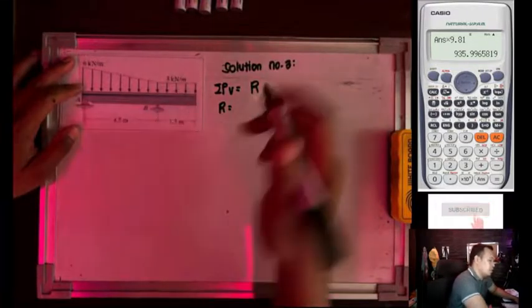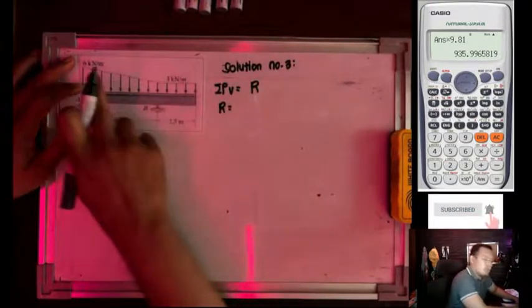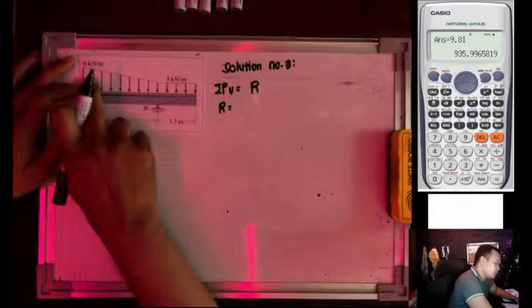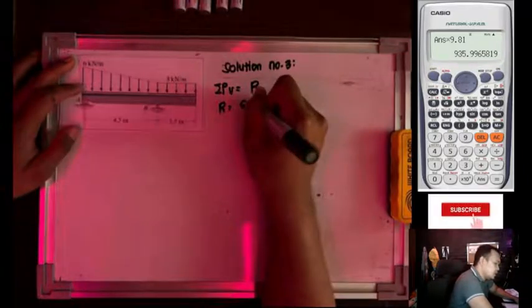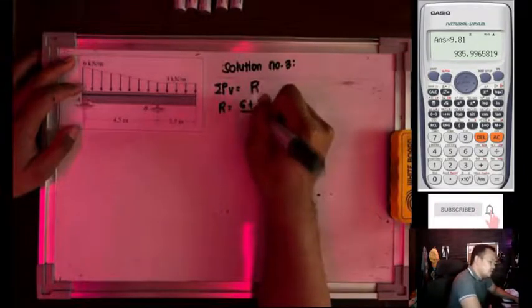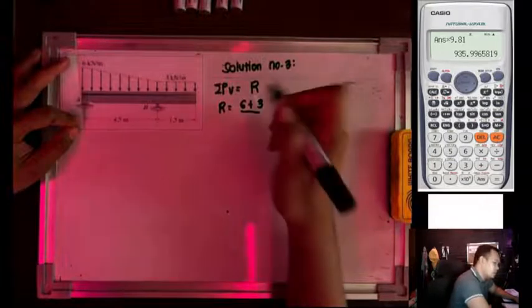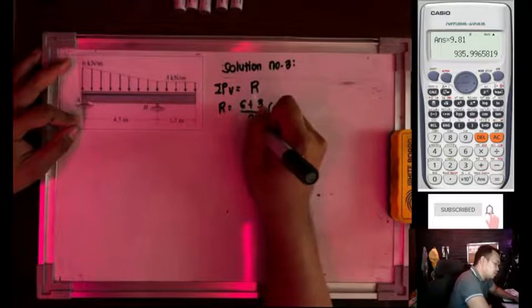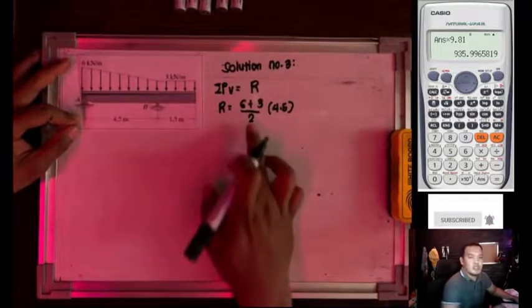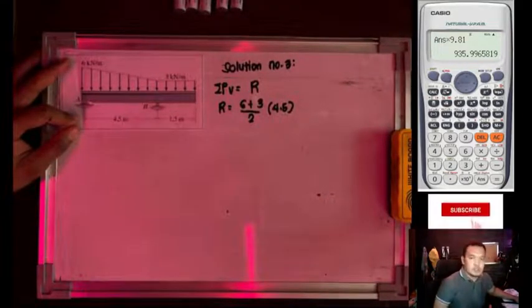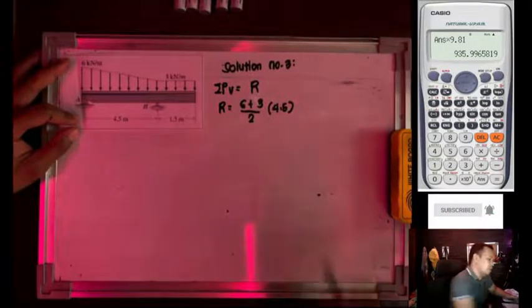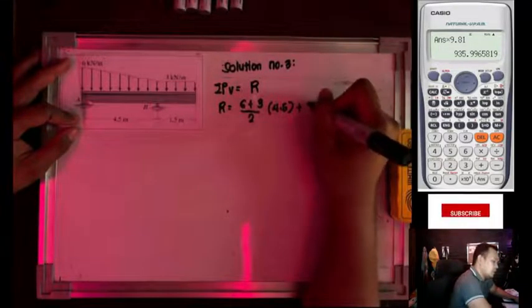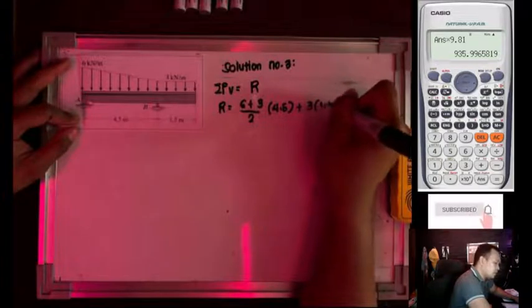So we just take the area of this whole thing. We have 6 plus 3 over 2 times 4.5, which is the area of the trapezoid, plus 3 times 1.5.